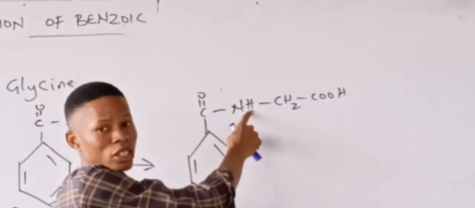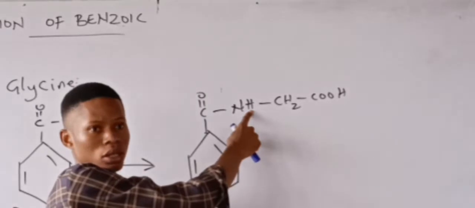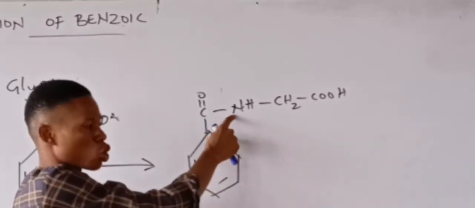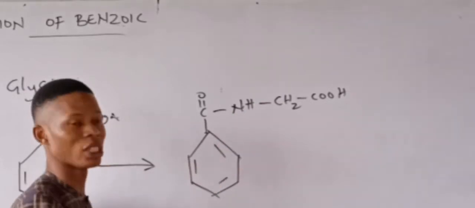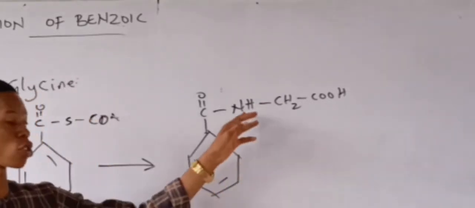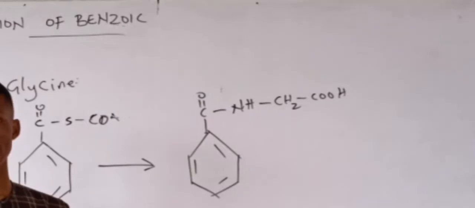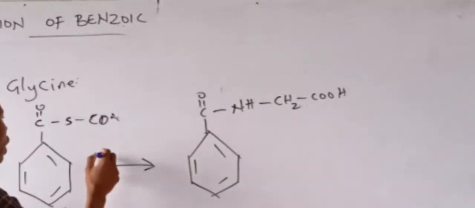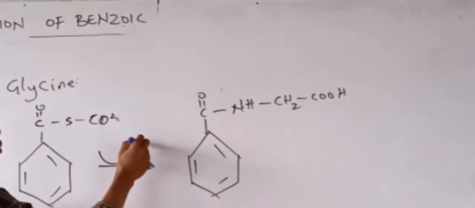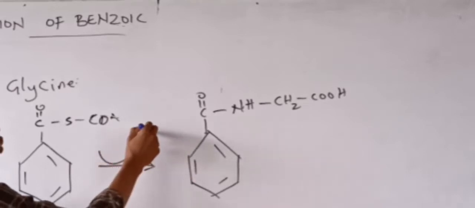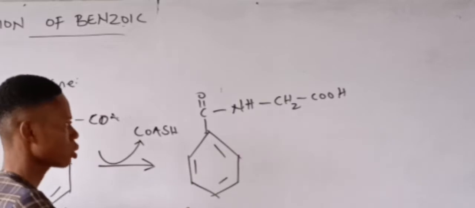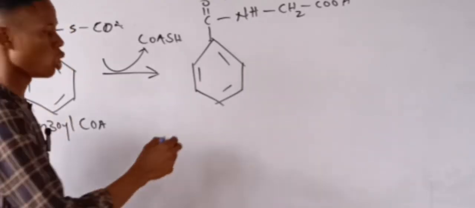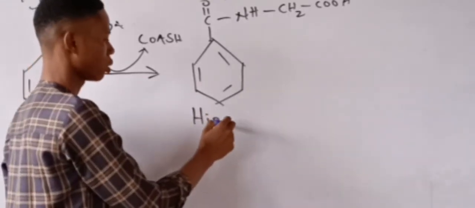I just removed one hydrogen from glycine, because nitrogen was supposed to have 3 bonds, 1, 2, 3. If I still put NH2, then nitrogen is overloaded. Do you get that? CoA was going out, right? And what's the name of this now? Hippuric acid, right?